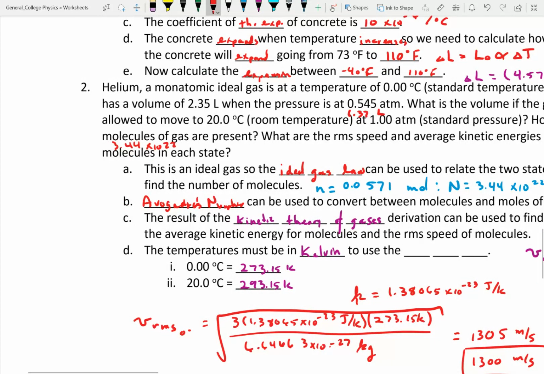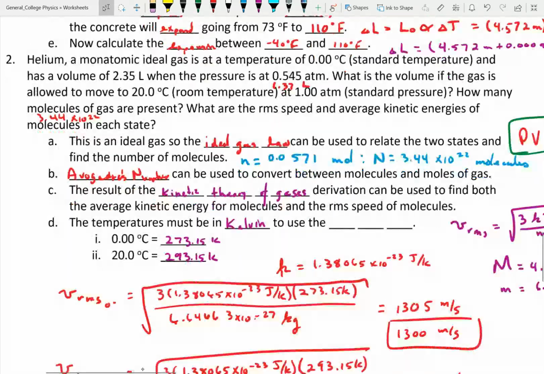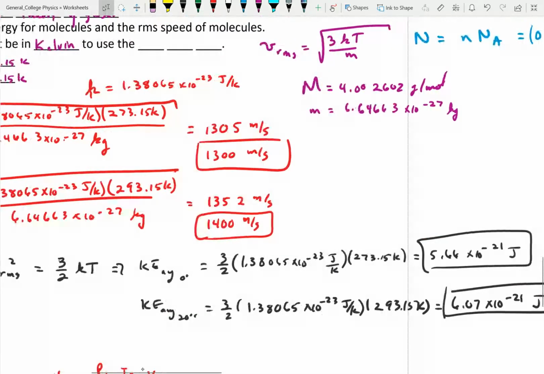You cannot have less than one molecule, or a fraction of a molecule, I should say. You could have a perfect vacuum; it could, in theory, exist. And what are the RMS speed and average kinetic energies of each of them? Those we have to refer to the numbers in red and black down here, in the boxes. All right, so that's how to do those two problems. Hope you picked up a few things.